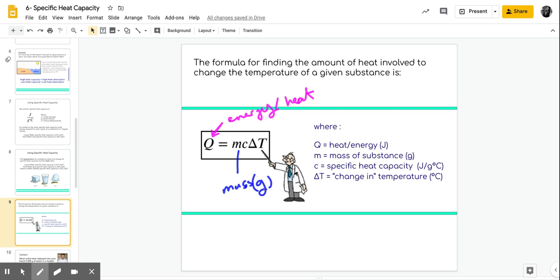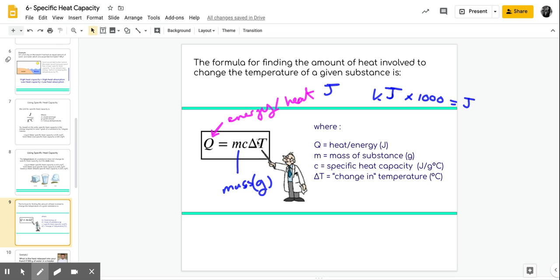If it is in kilograms, you have to change it. Okay. Q, your energy, needs to be in joules. If it's in kilojoules, or kJ, kilo means 1,000, so you'd actually have to convert this. You'd have to times by 1,000 to put it into joules.